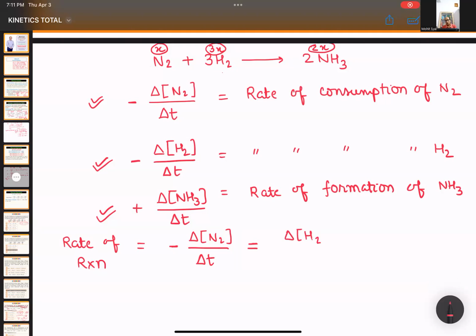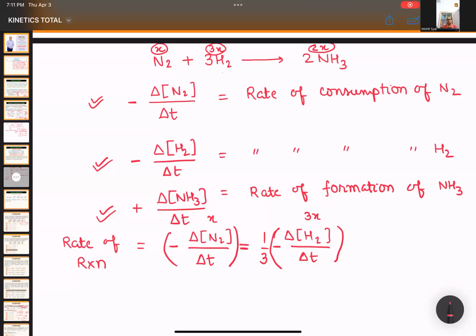If this is x, this is 3x, and they are not equal. I can make them equal. I will divide it by 3, by its respective stoichiometric coefficient in the balanced chemical equation. Then they will become equal.